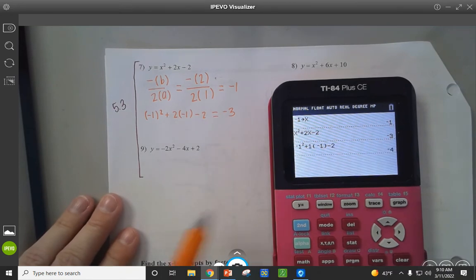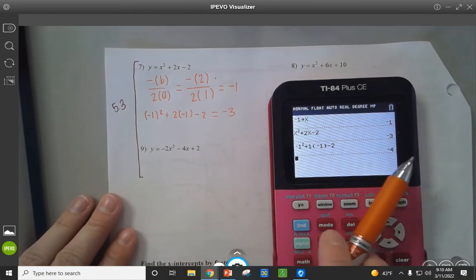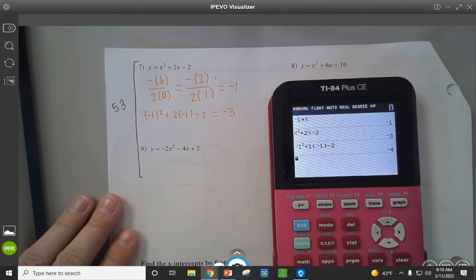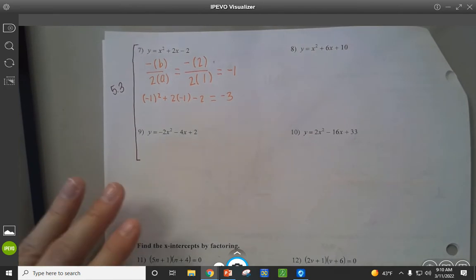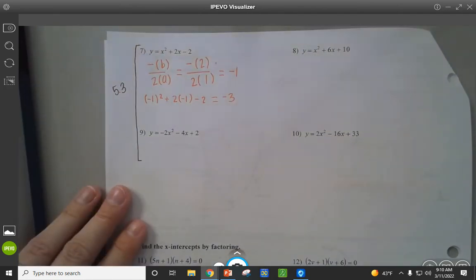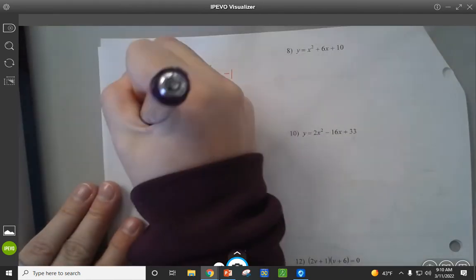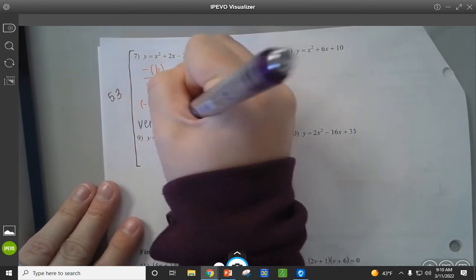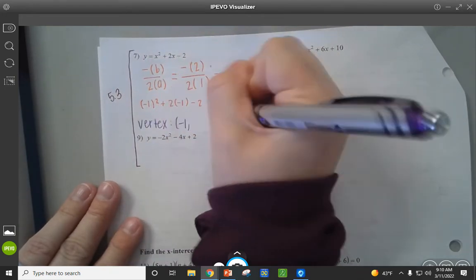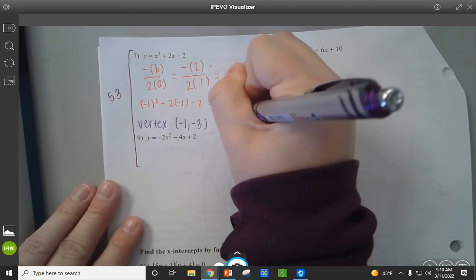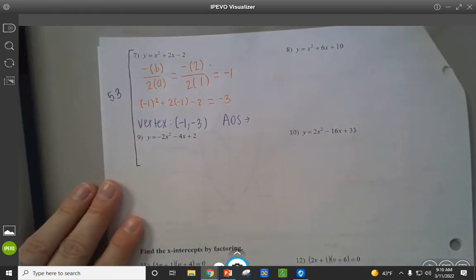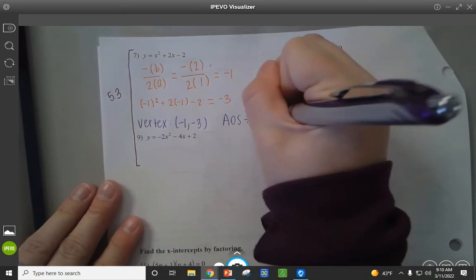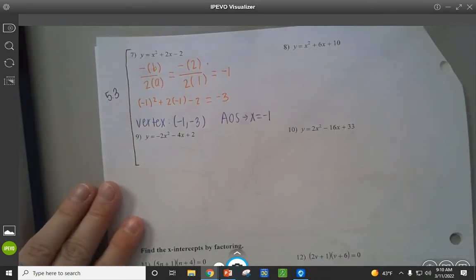I didn't put parentheses around the first negative 1, and that got me a negative 4, which is not right. That's why I just use the store button, and you don't have to worry about parentheses. So the vertex is negative 1, negative 3. So what is my axis of symmetry? X equals negative 1.